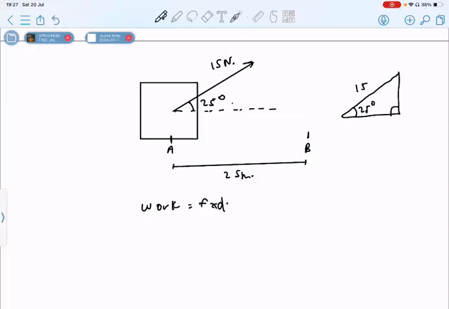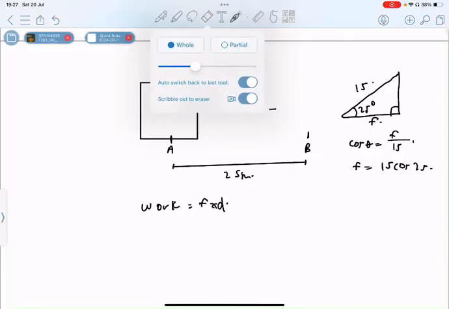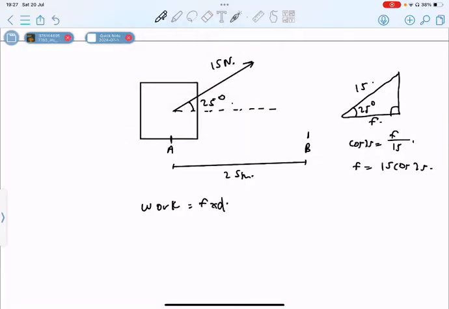This is 15. Your adjacent, which is F, you'll use the same relationship, cos theta. Cos theta is equal to adjacent force over hypotenuse 15. So F is 15 cos 25 degrees. So your work will be 15 cos 25 times 25. If you plug it into the calculator, you will get 309.9 watts, okay?